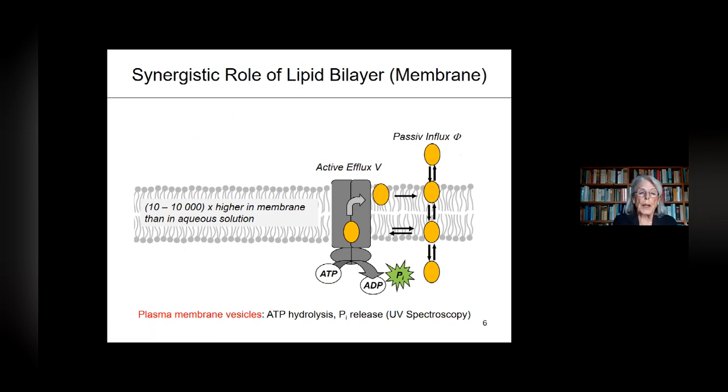Now the membrane leads to a strong accumulation of the substrates. We have here a simple model of the transporter. The molecule is bound, it is exported, and in parallel we have passive flux.